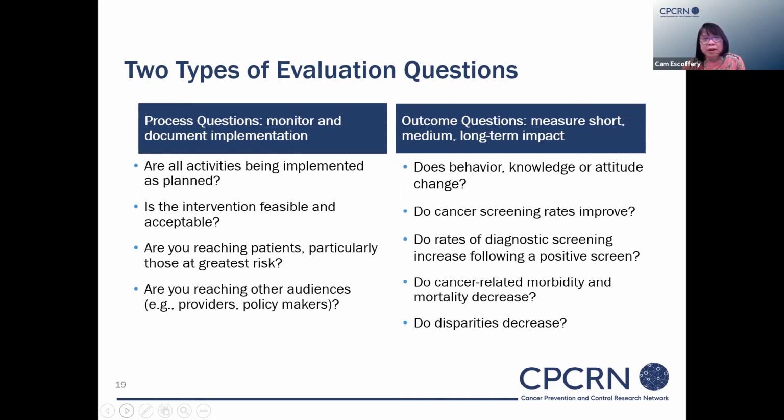When you're talking about the actual cancer outcome, do cancer screening rates improve because of our Flu-FIT program? Do we also have increased rates of diagnostic screening following positive FIT tests, and on and on? So these are some examples for you.